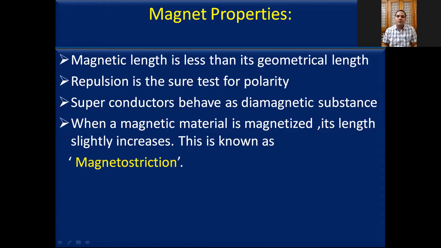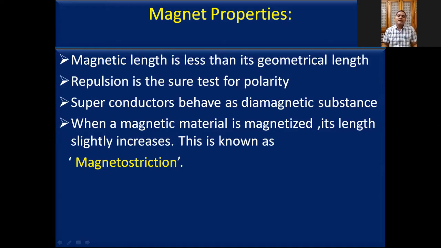Whereas when superconductors are placed in an external magnetic field, the lines of force are expelled. So that means it behaves like a diamagnetic substance. It is also an important property of superconductors regarding magnetism.